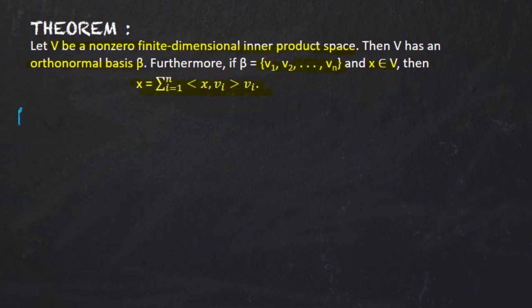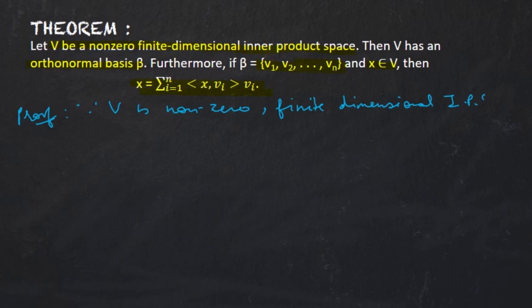Basically, first of all, we have to show that for any non-zero finite dimensional inner product space, there always exists an orthonormal basis. So because V is a non-zero finite dimensional inner product space, V has an ordered basis, let's say beta naught.